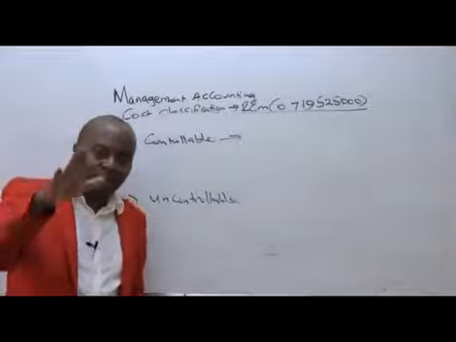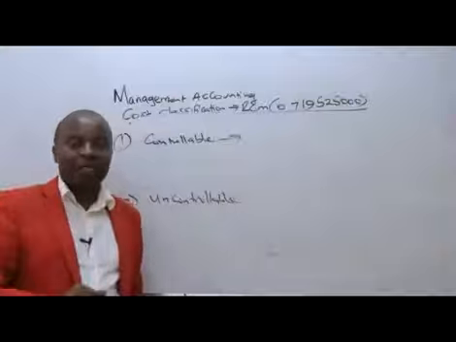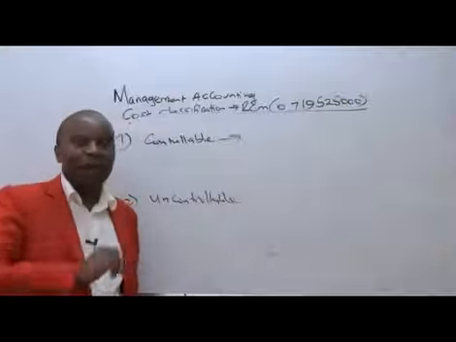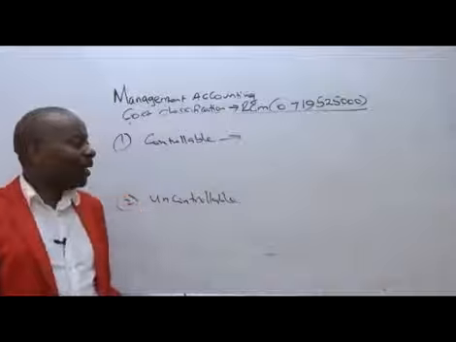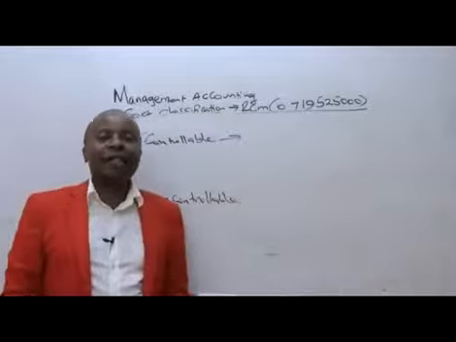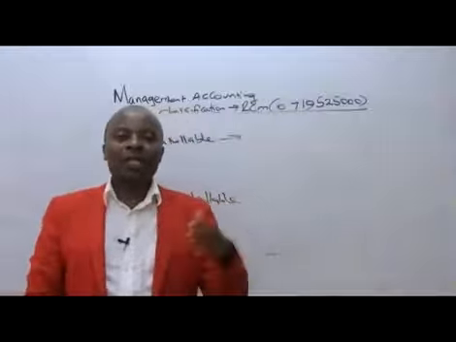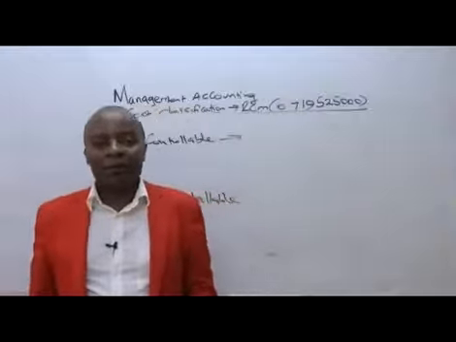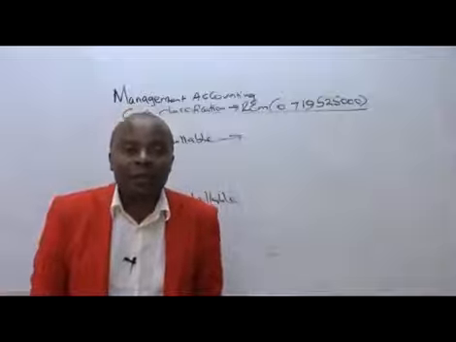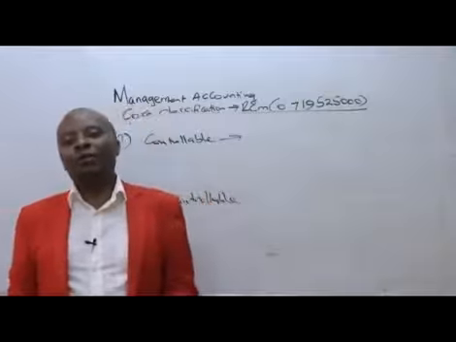We can say, let's produce less this year, and all those costs will go down like that. Uncontrollable costs, ladies and gentlemen, are those costs that even if you decide to dance left as management or right as management, there is nothing you can ever do to them, nothing whatsoever.